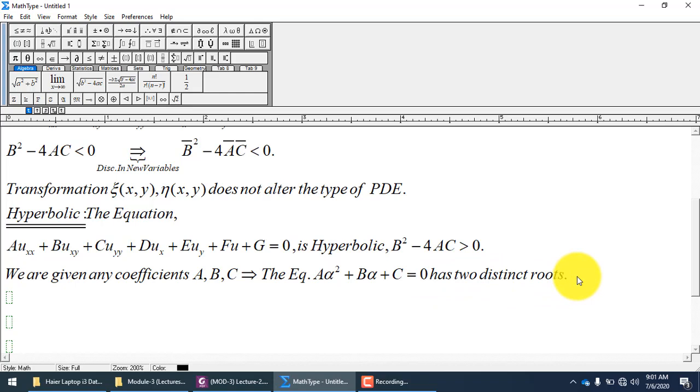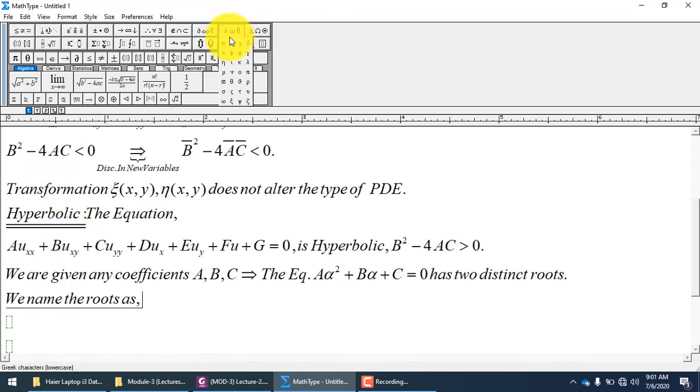Now you should name the roots, because in general you don't know them. We name the roots lambda 1 and lambda 2.